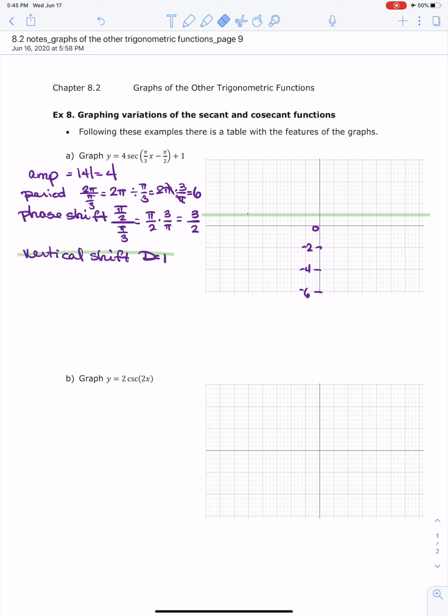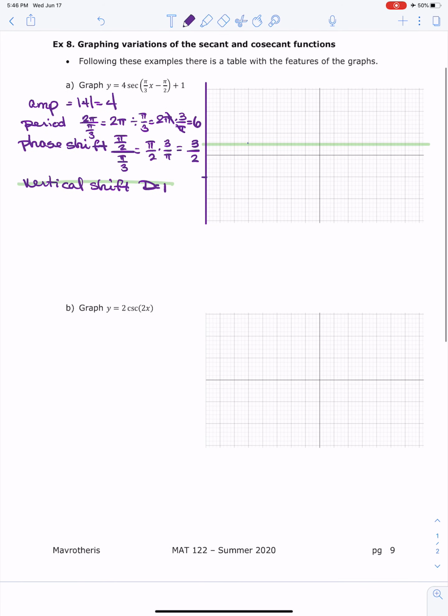Because of the way this is set up and the phase shift, I'm going to go ahead and make this my y-axis over here. Still going to count the same: -2, -4, -6. It's my 0. And then here I'm going to count 1, 2. I think that's going to work better. Actually, I know it is because I've already graphed it.